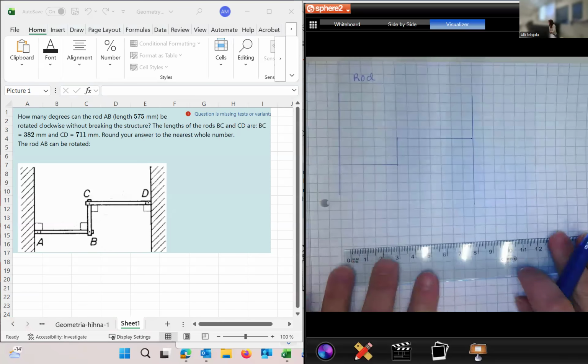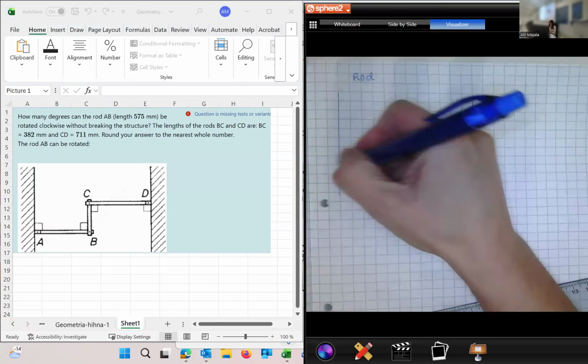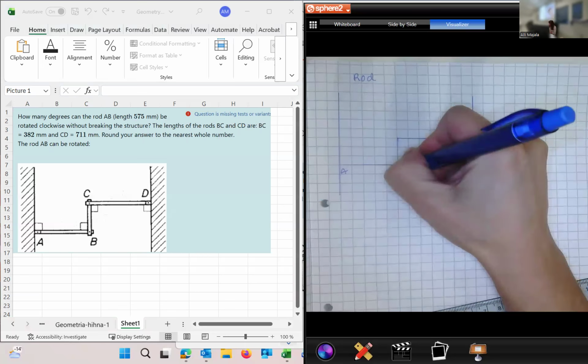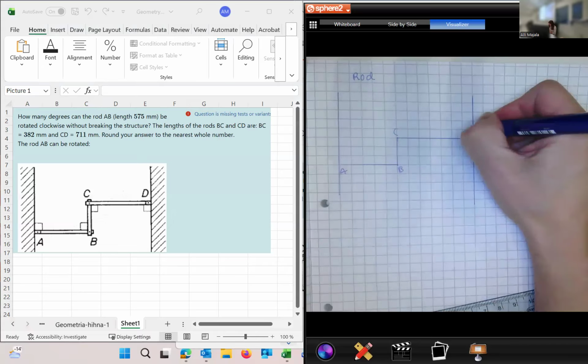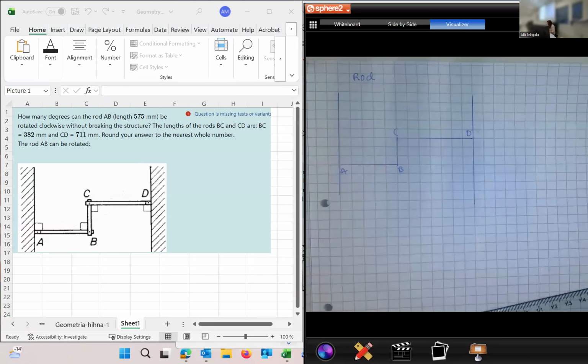And then here's the A and B and C and D. And we want to rotate the rod AB clockwise, which means that it goes down.